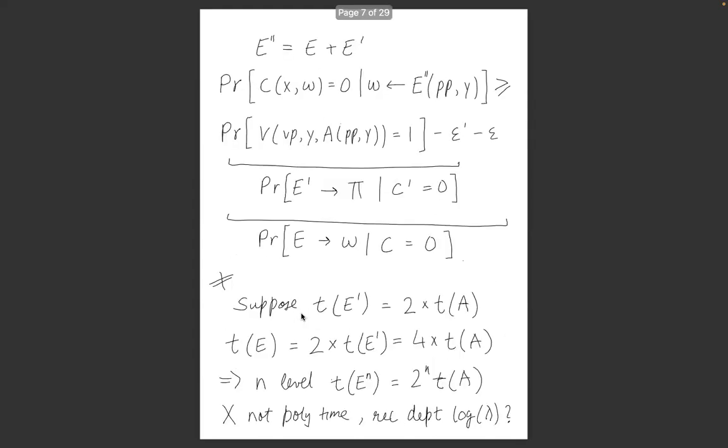So in our case of the two-level system, our final extractor is composed of E prime and E, which are the extractors at each level of the recursion. And now we have to prove that this whole thing is knowledge sound. We'll do this by the official definition.